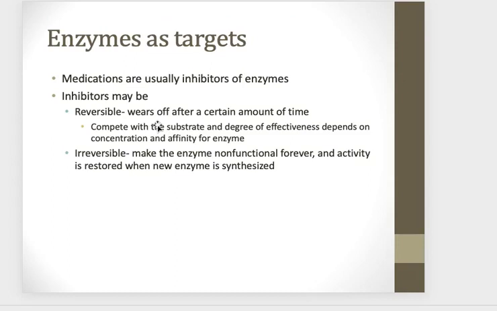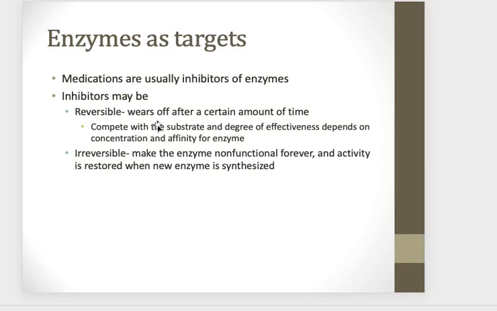Enzymes are also targets of medication, because medications are usually inhibitors of enzymes. They may be reversible or irreversible, and that's important. Sometimes it's reversible, so when the medication wears off, that enzyme is able to continue to function, or it may be irreversible, where that enzyme cannot function until the body breaks it down and creates that enzyme again.